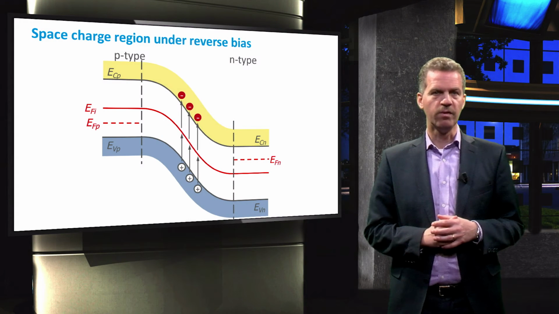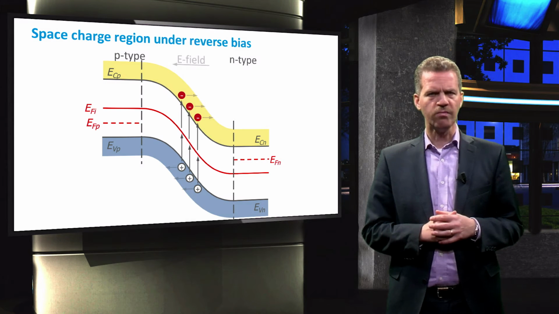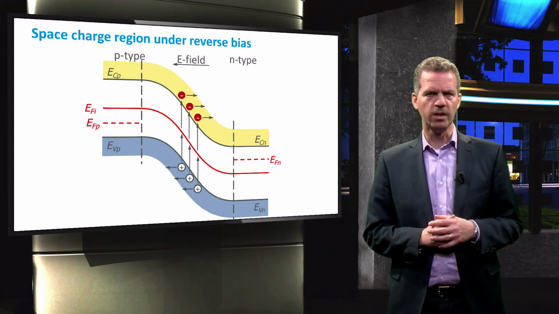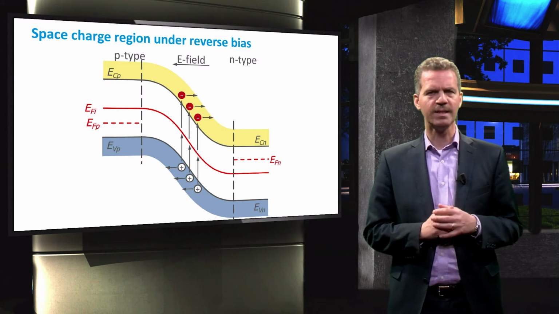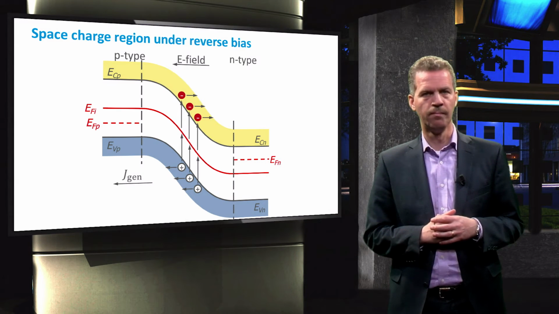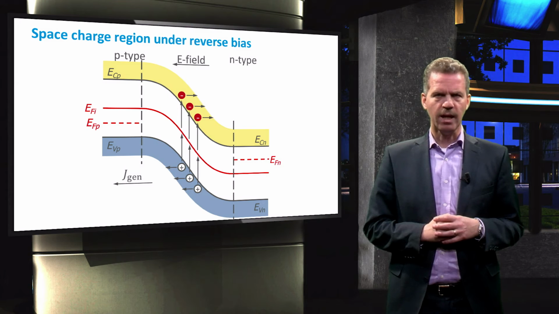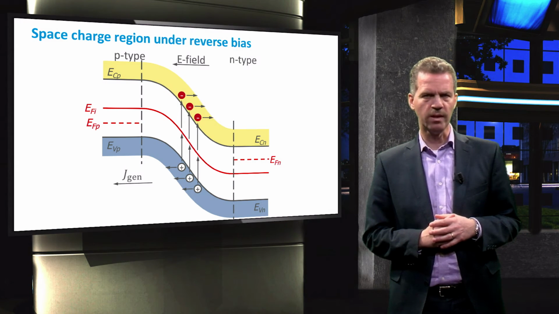In this slide, we visualize the generation process in the space charge region. Because of the large electric field inside this region, the charge carriers move out of the space charge region, which means that we have an extra current component, the generation current. It may sound strange that we have used the SRH recombination process to work out the generation rate.